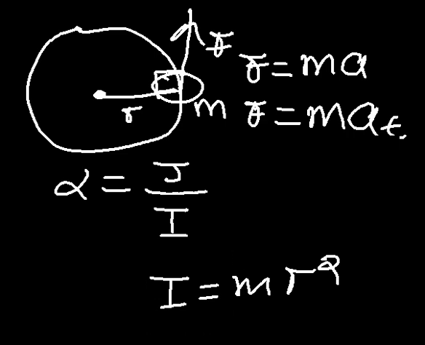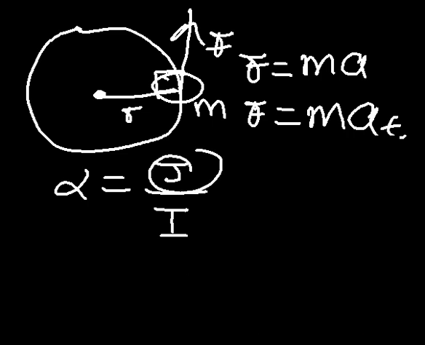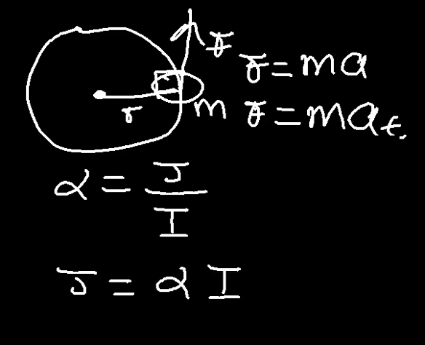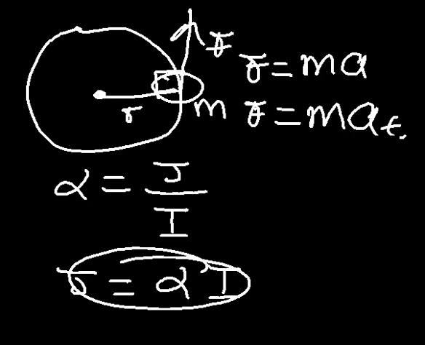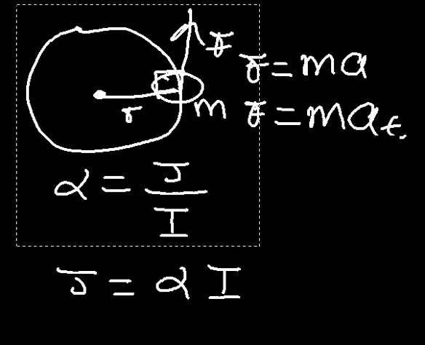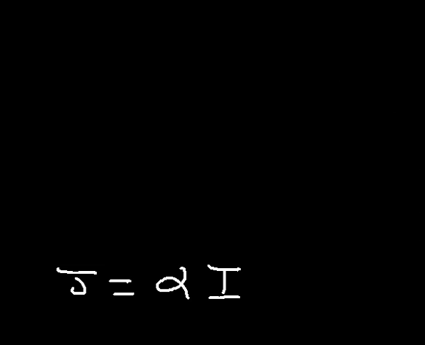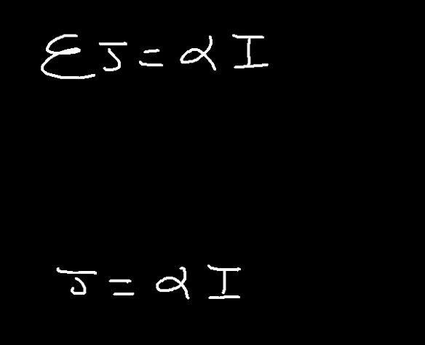Now we have the new formula for the angular acceleration, which is given as the torque divided by the moment of inertia. In the same way, the torque is given as the angular acceleration times the moment of inertia. Now, if we have a system of several torques, then the summation of the torques is given as the angular acceleration times the moment of inertia.